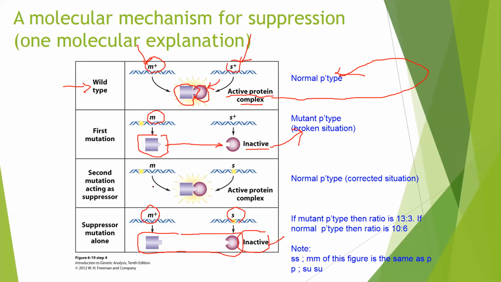phenotype. However, if the first gene is a mutant, it produces a protein with a slightly changed shape. If the suppressor gene is also a mutant, and it produces a slightly different protein with a changed shape, and they can match, both mutant proteins can form a complex, which will become an active protein complex, and this gives us a normal phenotype.